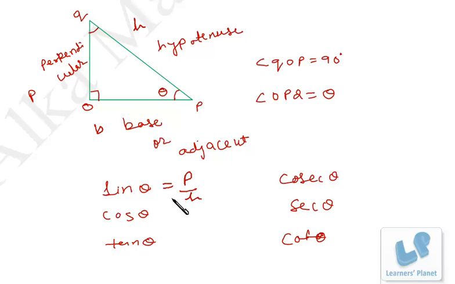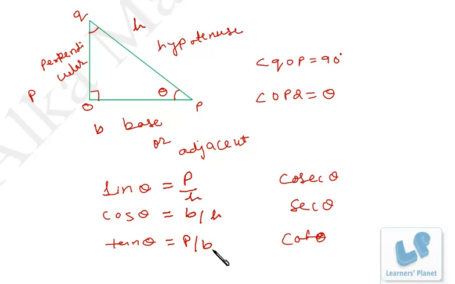So sine theta is ratio of perpendicular to hypotenuse, or we can say P by H. Similarly, cos theta is the ratio of base to hypotenuse, so it's B by H. And tan theta is the ratio of perpendicular and base, that's P by B, right?